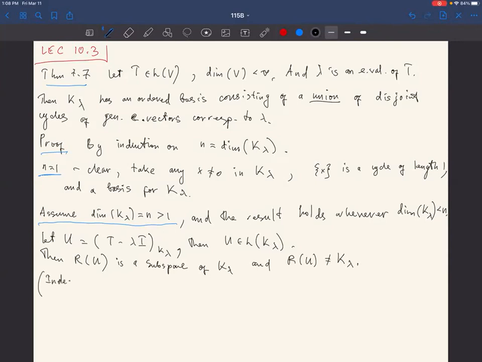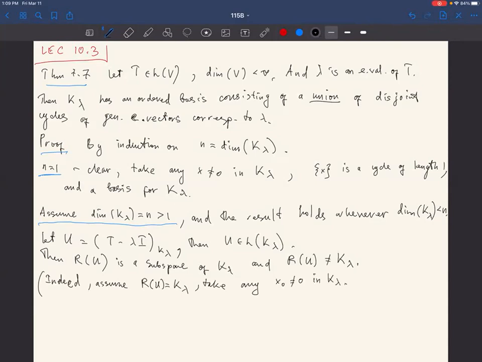So indeed, assume towards contradiction that the range of u is equal to k lambda. So the range is the whole subspace k lambda. Then take any x0, which is not equal to 0, in k lambda.